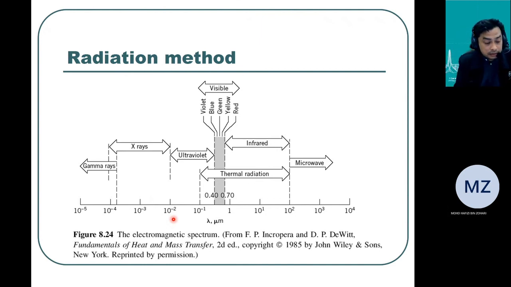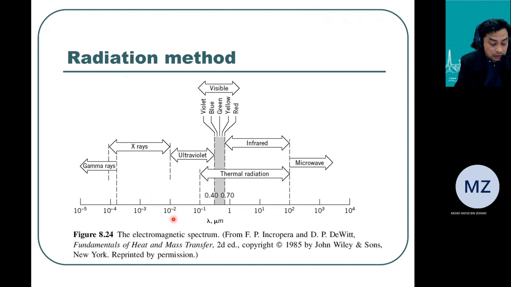The visible light is the one that we see: blue, green, yellow, red. We can use this visible brightness for the measuring device in that range. We can also use the microwave radiation to measure the temperature of the object that releases microwave.